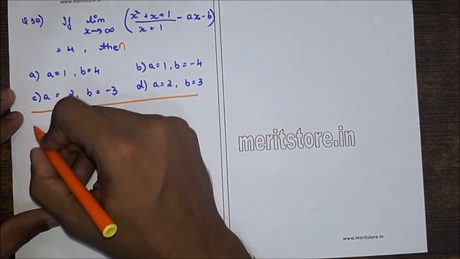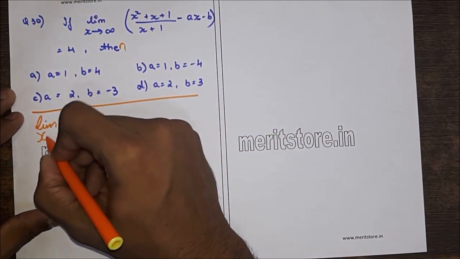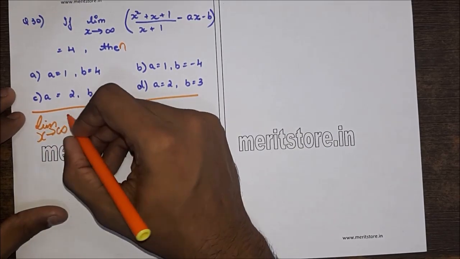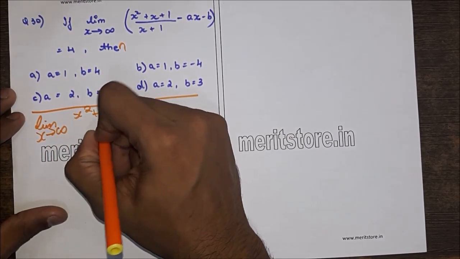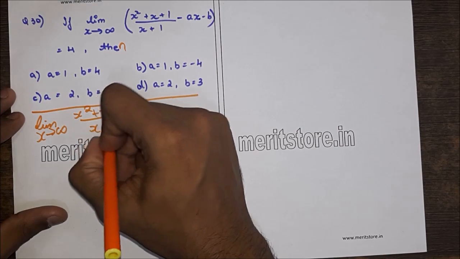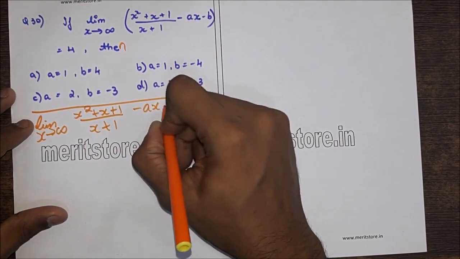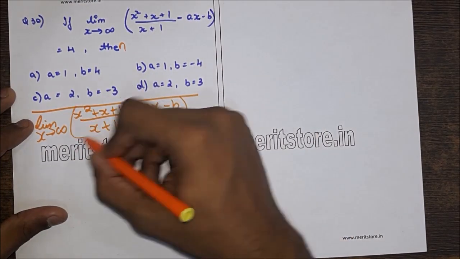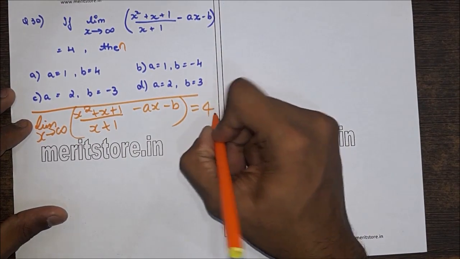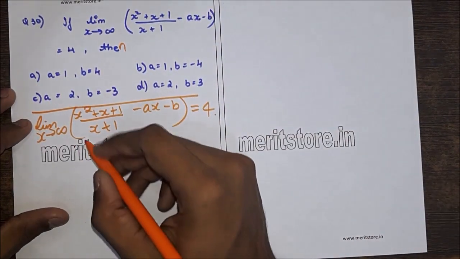So therefore we could write limit of x tends to infinity x square plus x plus 1 upon x plus 1 minus ax minus b is equal to 4 as given in the question.